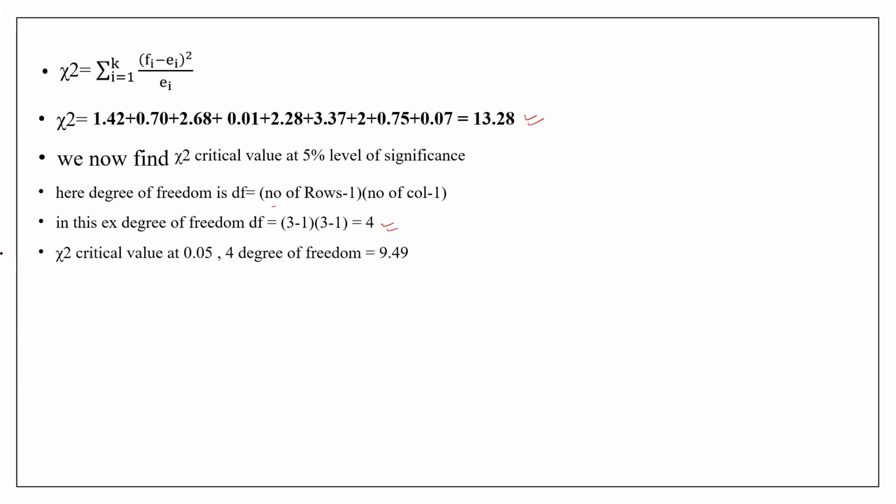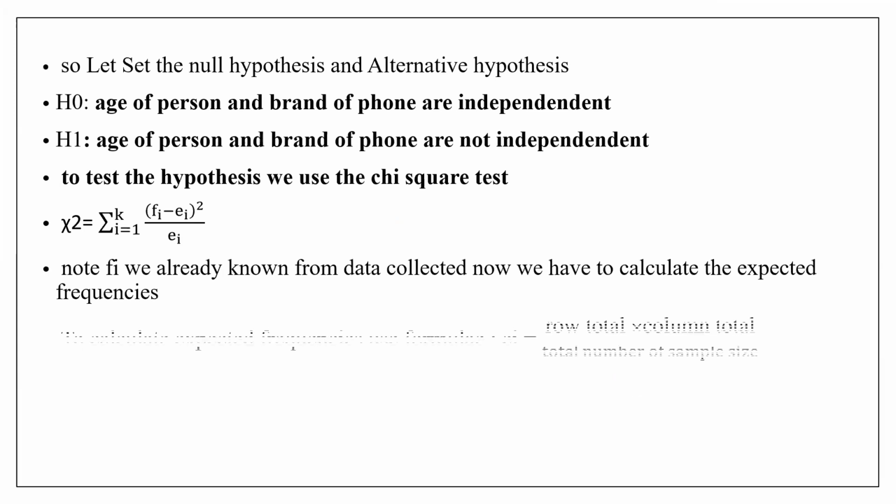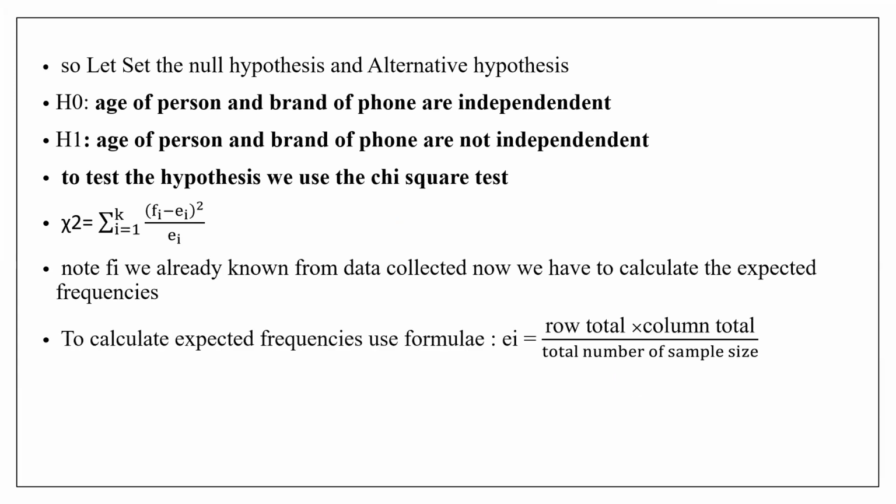Therefore, you now have to find the critical value at 5% level of significance at 4 degrees of freedom. So you have to go back to your chi-square table. Let's quickly go back to our chi-square value.